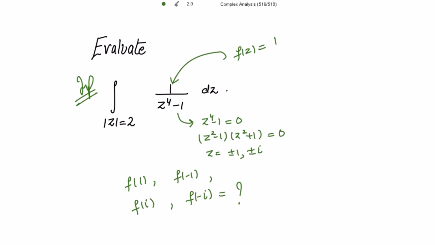We need all these values because our function is a constant. So whatever the value of z, the function at all these values of z will be equal to 1, because the function itself is constant.